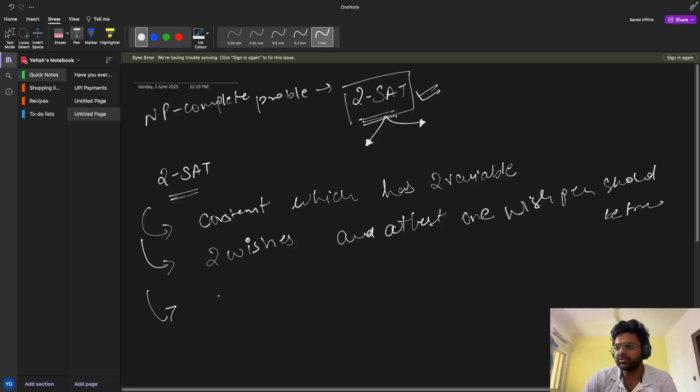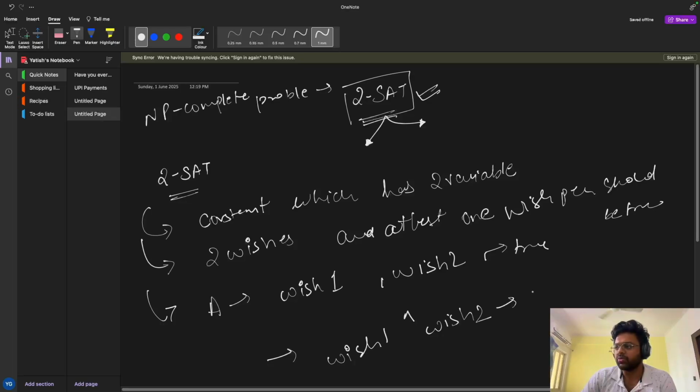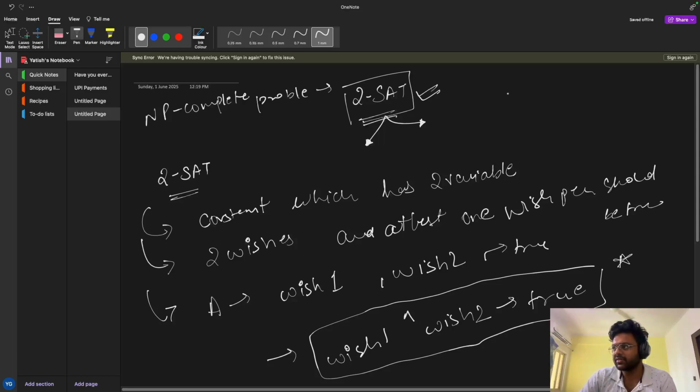So let's suppose any person A has two wishes, wish 1 and wish 2. For A to be true, we could say wish 1 or wish 2 should be true. I want you to pay attention to this particular thing, because this is the root of the 2SAT problem. So it is saying wish 1 or wish 2 should be true.